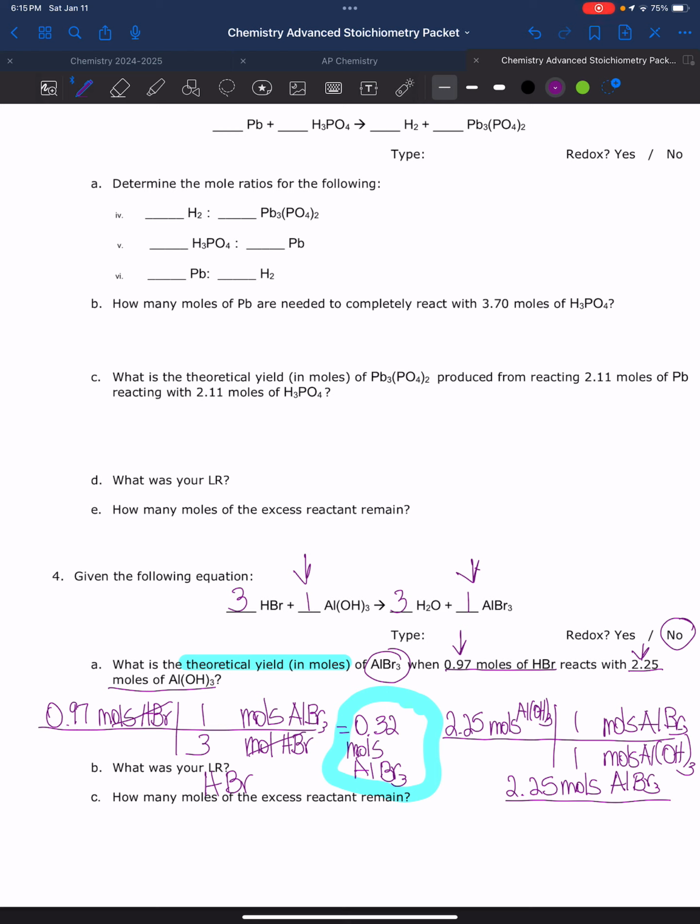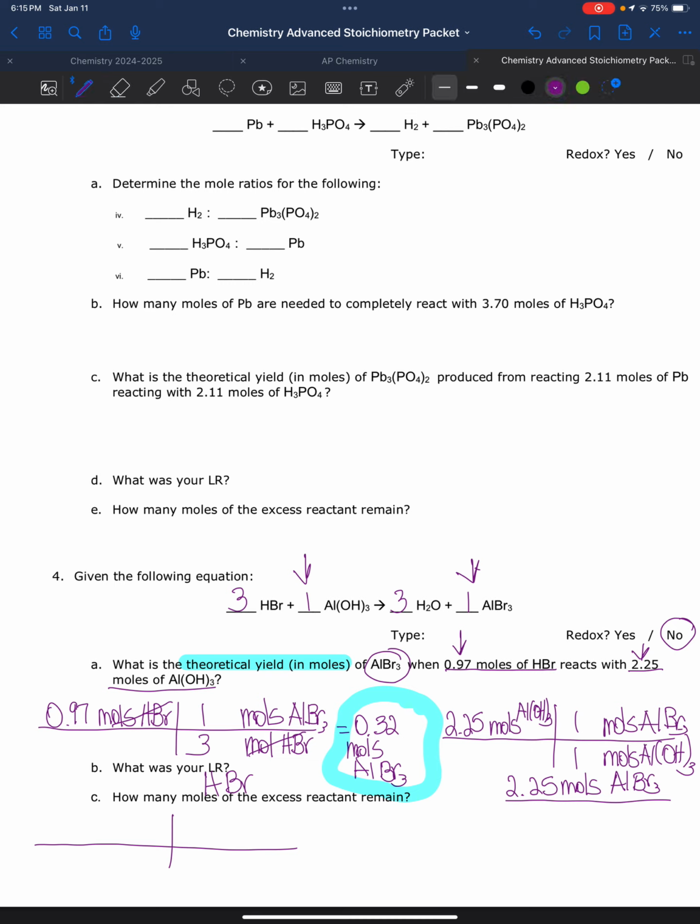Okay, so now is when we take our problem and we work backwards. Actually, I'm going to change how I started that.